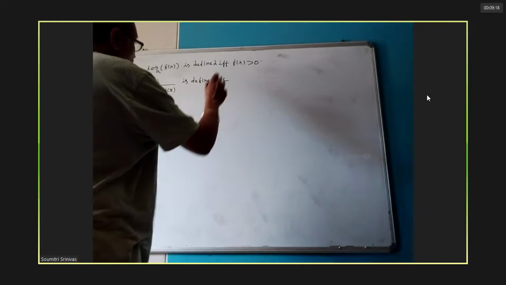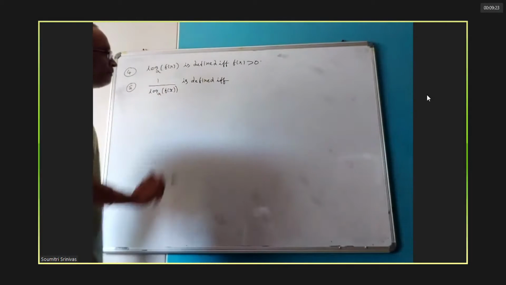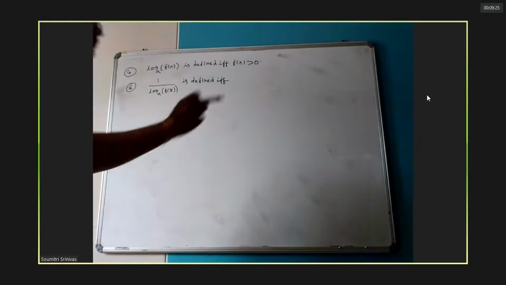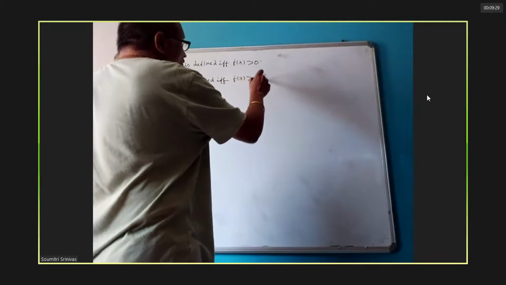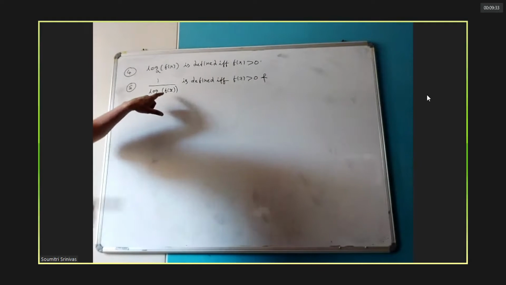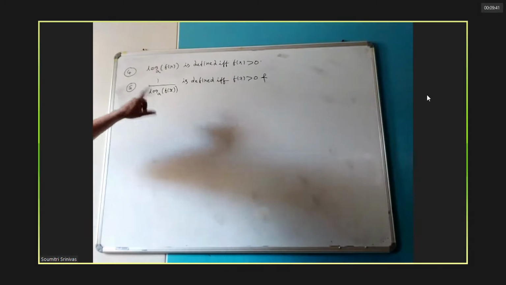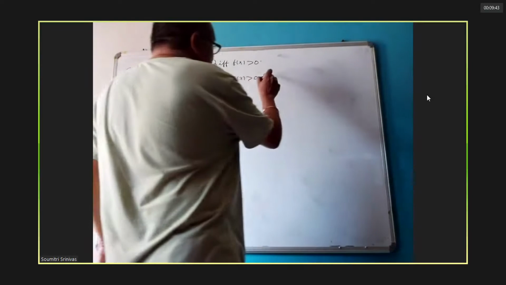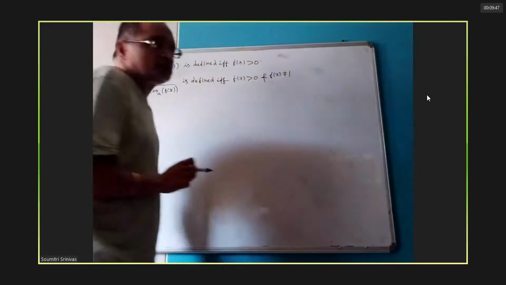Anybody? Anybody? Speak, I am waiting. F of x greater than 0 and one more condition. What happens if f of x is equal to 1? Log 1 base a will become 0. 1 by 0 won't be defined. And what should be the other condition? F of x not equal to 1.